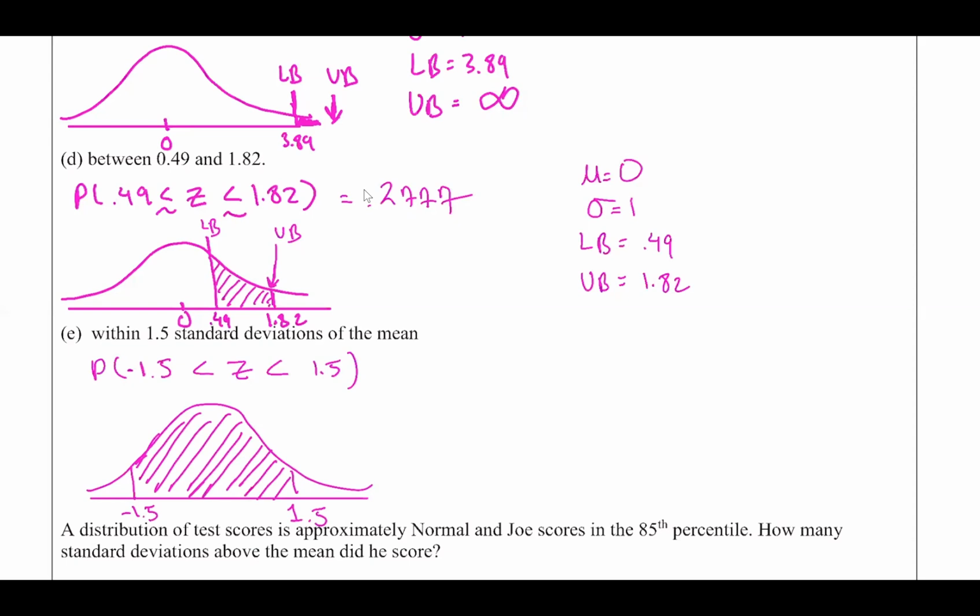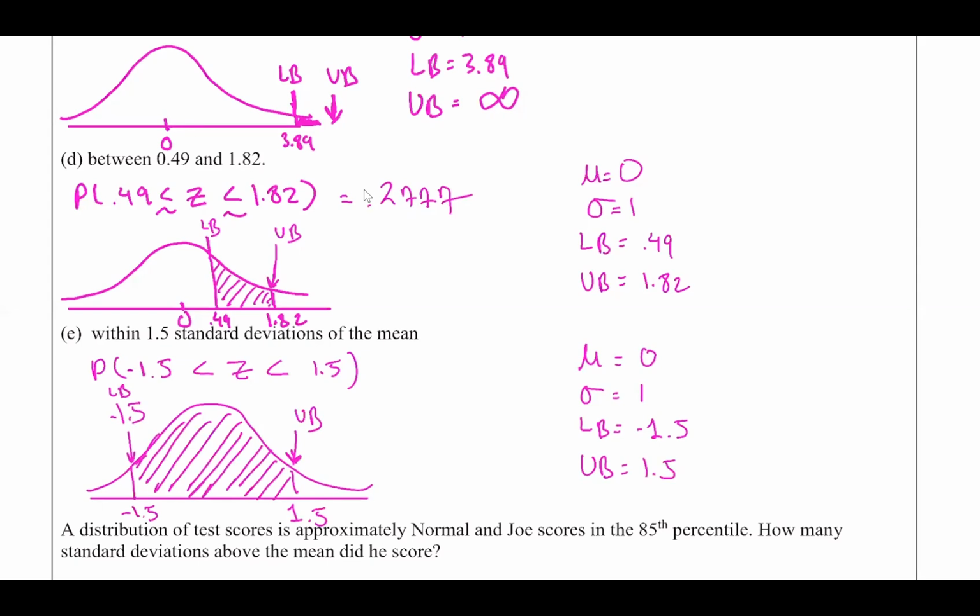Now we're going to go ahead and do mu, sigma, and lower bound and upper bound. Remember, mu and sigma are automatically 0 and 1. The lower bound, if you look at it, is over here, which is negative 1.5, and the upper bound is positive 1.5.